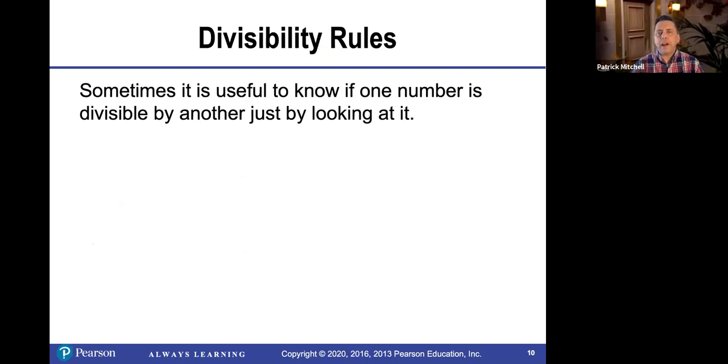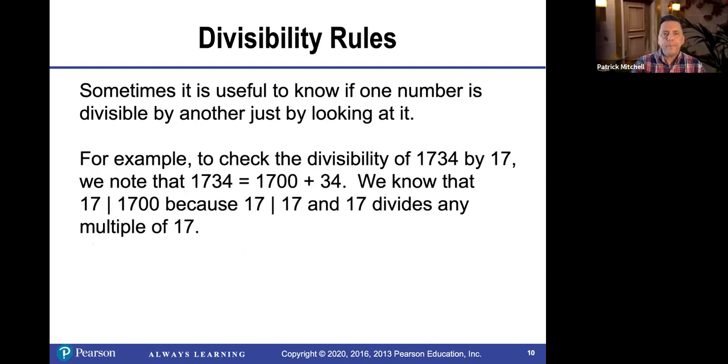Sometimes it's useful to know if one number is divisible by another just by looking at it. So that's where divisibility rules come in. For example, to check the divisibility of 1,734 by 17, we note that 1,734 is equal to 1,700 plus 34. We know that 17 divides 1,700 because 17 divides 17, and 17 also divides any multiple of 17.